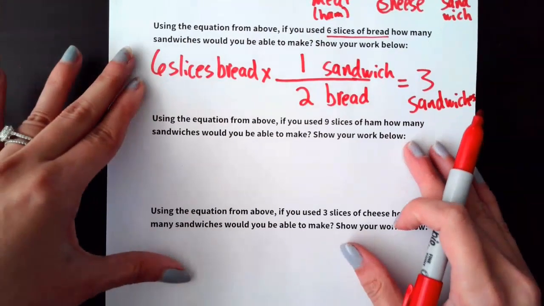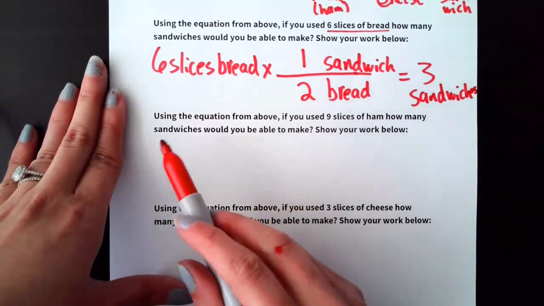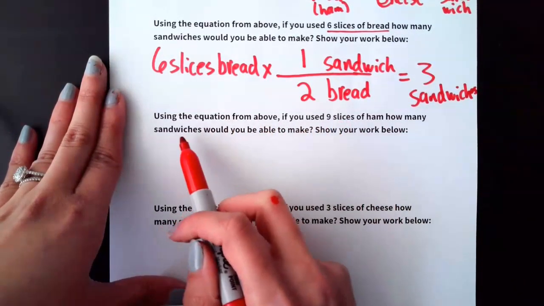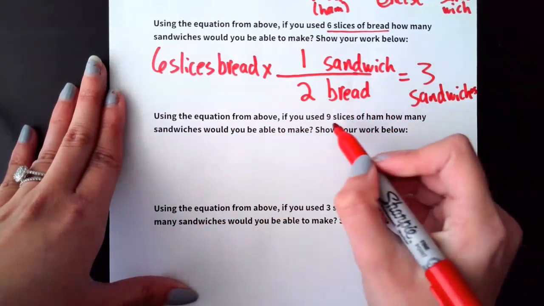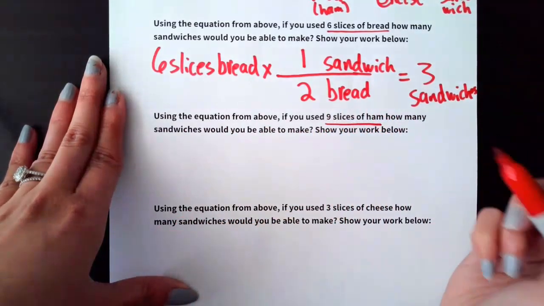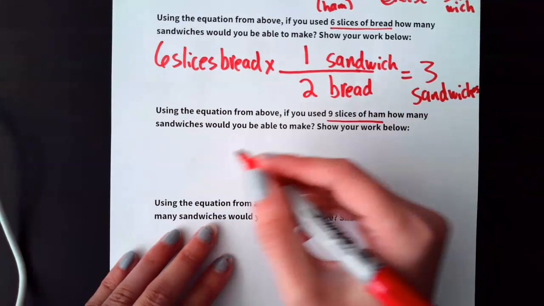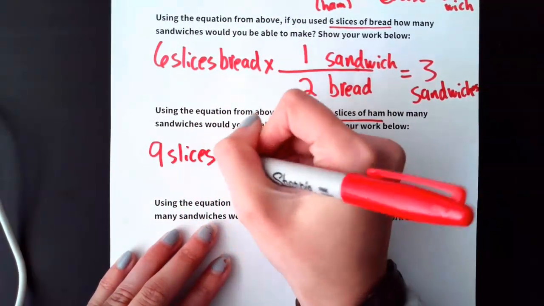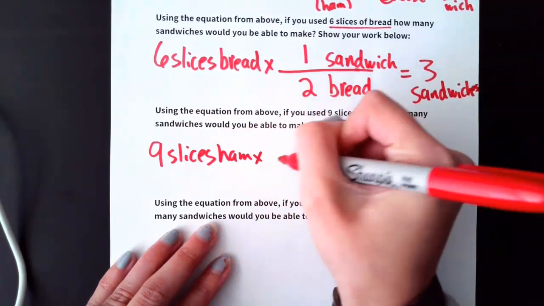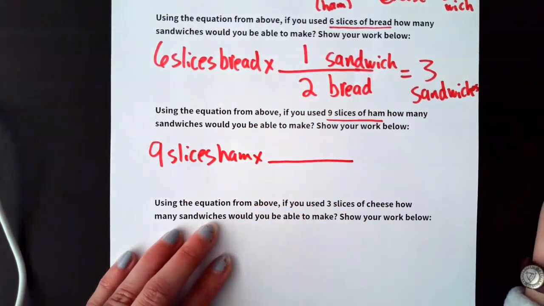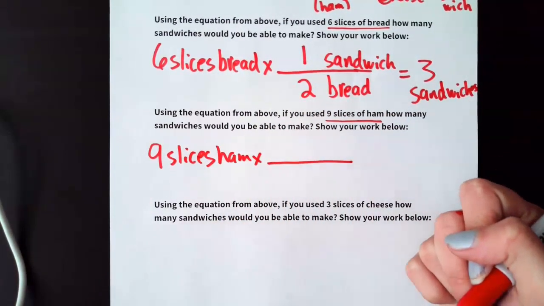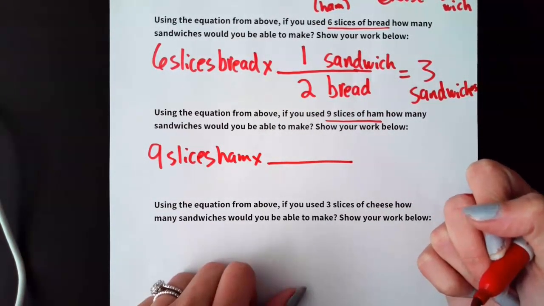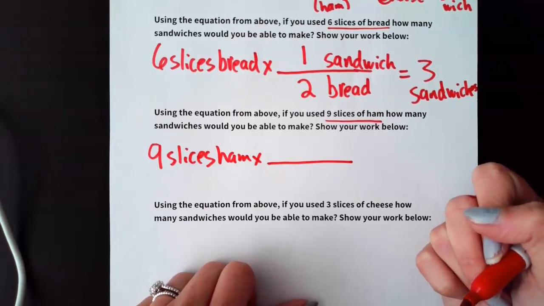Okay, same thing if we come up here. Using the equation from above, if you use 9 slices of ham, how many sandwiches would you be able to make? So we have 9 slices of ham, so we would start out with 9 slices of ham, okay? Then what am I going to put on the bottom?